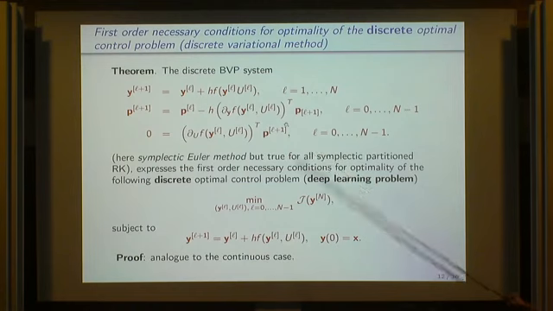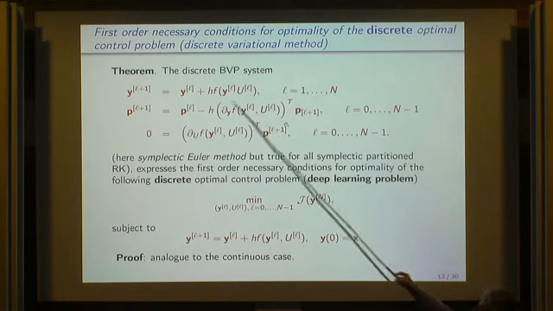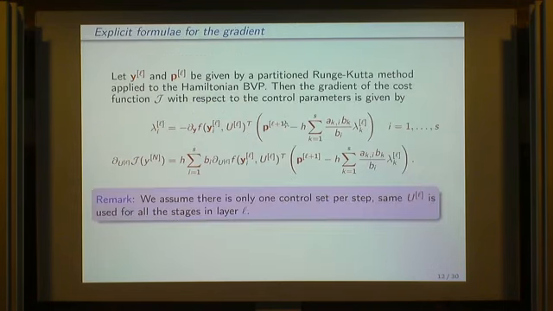Okay, so this is the same thing, but for the couple of forward Euler, backward Euler symplectic pair. It's the same idea that I explained before.